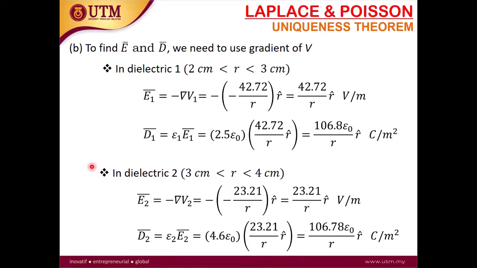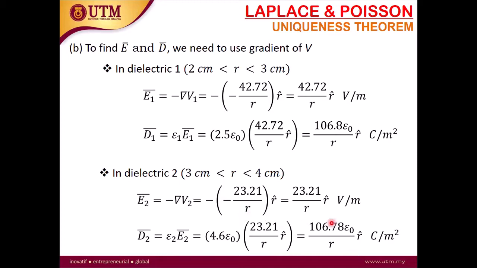Similarly, in dielectric 2, we use the gradient for V2. Now, you will obtain E2 equal to 23.21 divided by R in direction of R volt per meter. And similarly, D2 equal to epsilon 2 E2, where epsilon 2 equal to 4.6 epsilon naught.